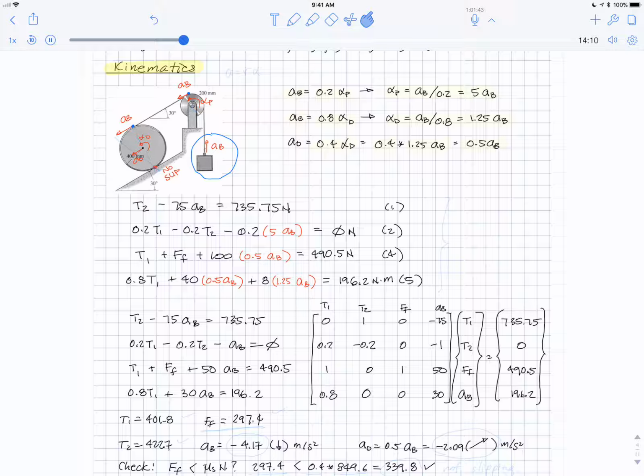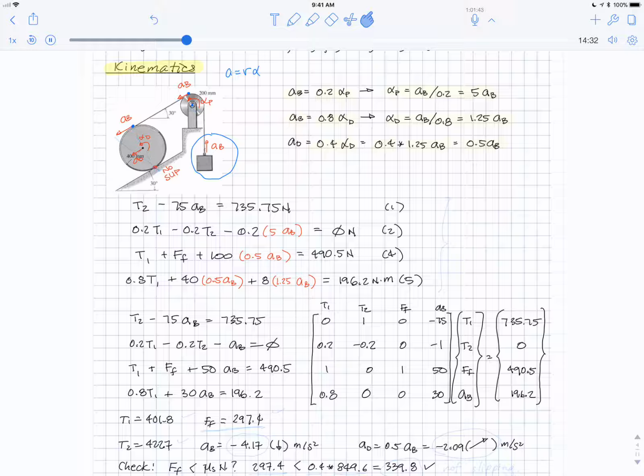So the other thing we're going to use is we know that if you can find the spot that's not moving and you measure your radius from there, the acceleration will be r times alpha because it's just spinning about that point. So where are the points that are not moving? The pulley is definitely pivoting about the center.